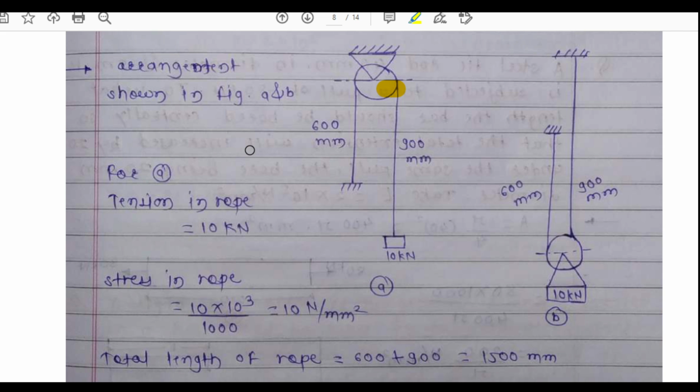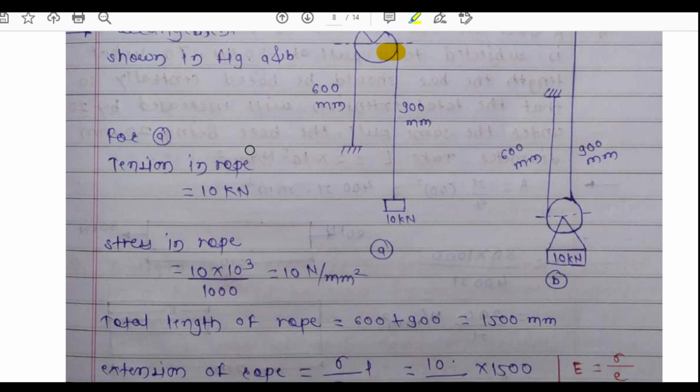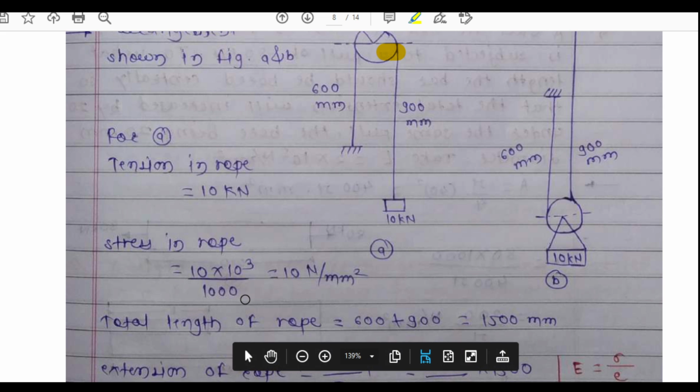Now we'll consider first figure A. Now the tension in that rope will be 10 kilonewtons, okay, because this load is pulling that rope in the downward direction, so this will be the tension force. 10 किलो न्यूटन का आपको टेंशन फोर्स मिल गया, तो स्ट्रेस कैसे फाइंड आउट करेंगे, easy, load upon your area of cross section.